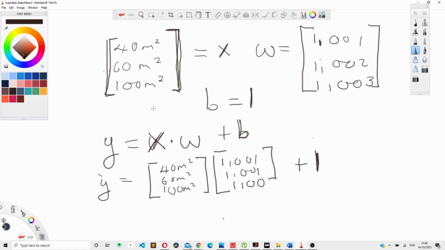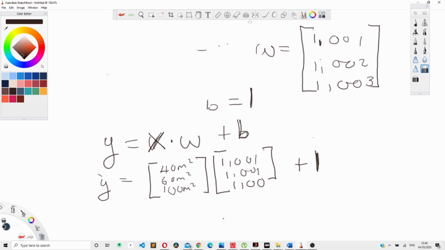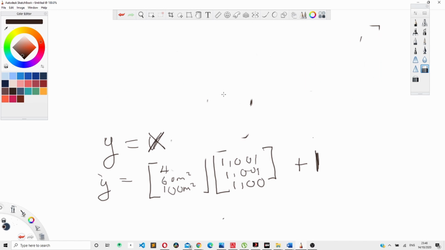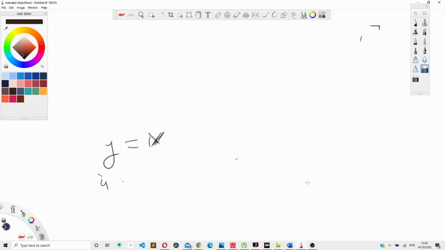So what if we have a neuron with multiple inputs, right? In this case, we were only dealing with the size of the bedroom. So now we are going to look at the basic neuron, but with multiple inputs.